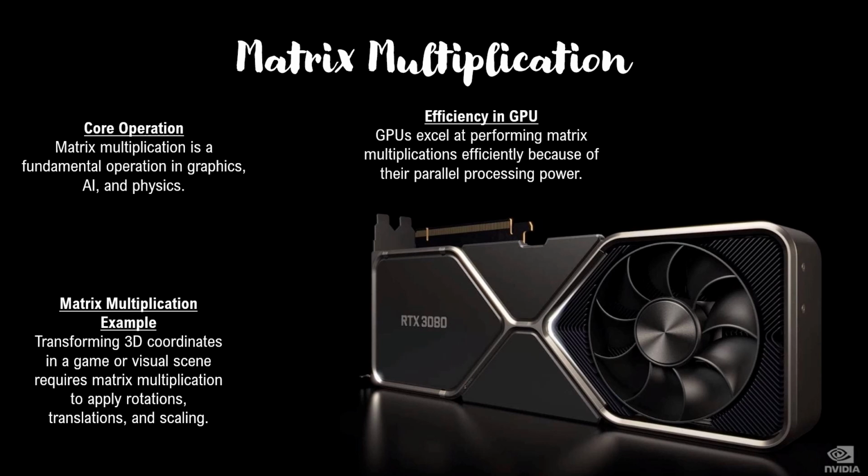An example of matrix multiplication: transforming 3D coordinates in a game or visual scene requires matrix multiplication to apply rotations, translations, and scaling. Matrix multiplication is very useful when it comes to 3D gaming such as GTA, Call of Duty, Fortnite, and all of those other games.